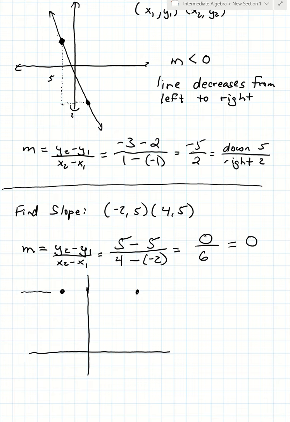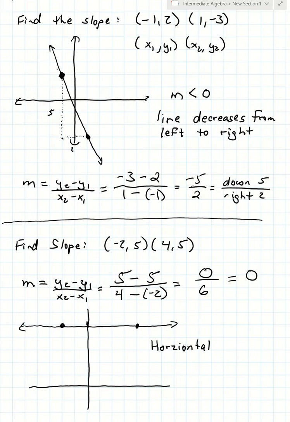And if I connect my dots, my line is not increasing, nor is it decreasing. It's staying flat. It's staying horizontal. And that is true about all horizontal lines. All horizontal lines have a slope of 0.